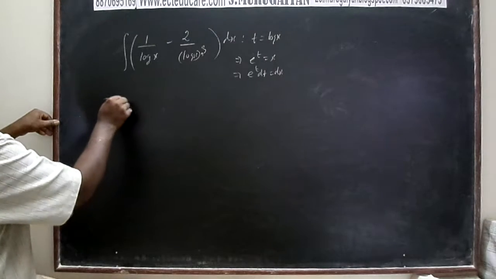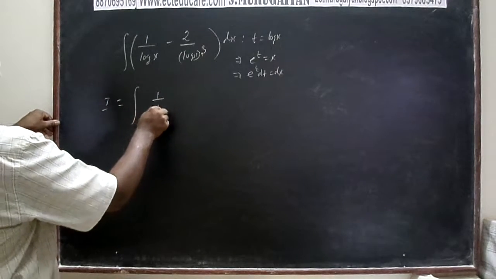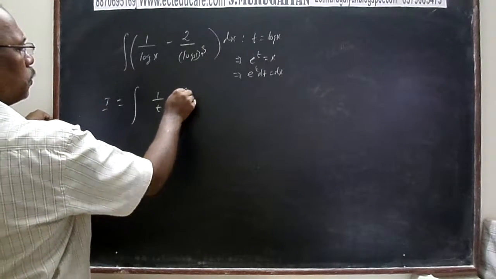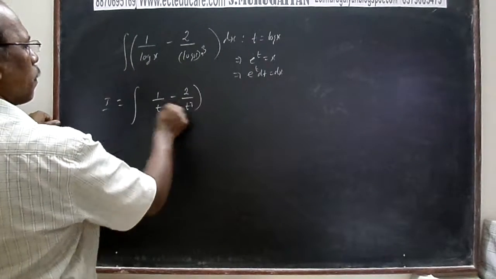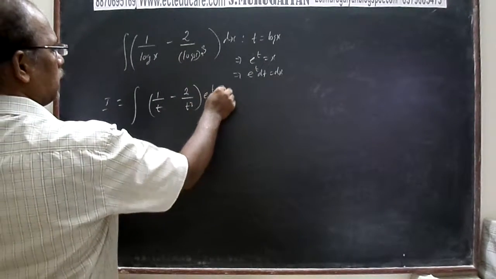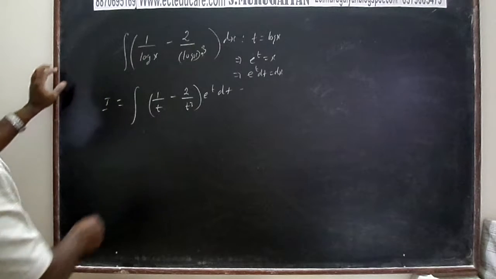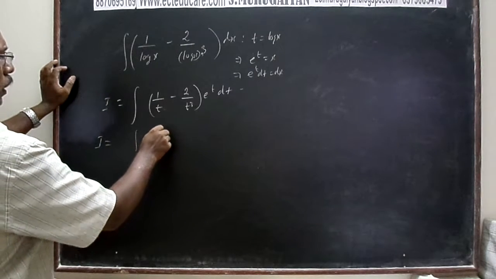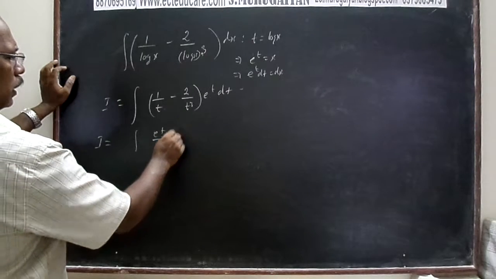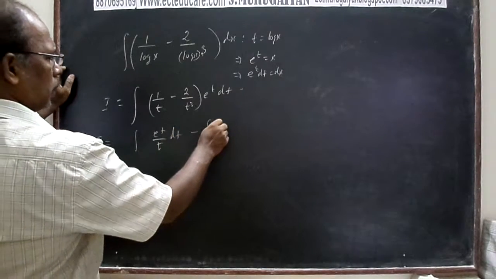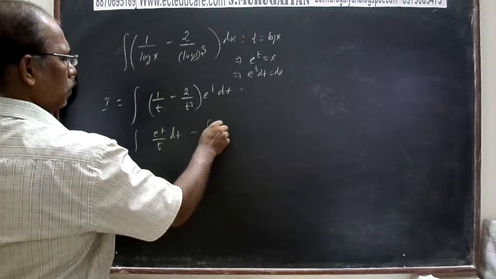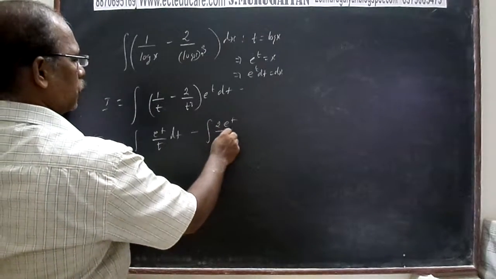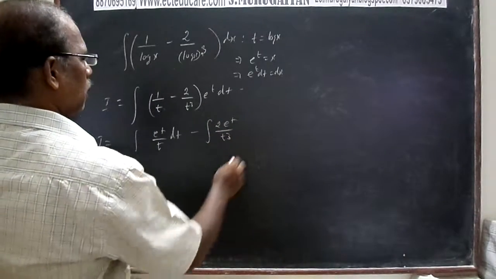So we can rewrite the integrand as (1 by t minus 2 by t cube) e power t dt. Now separate into two integrals: integral of e power t by t dt minus integral of 2 e power t by t cube dt.